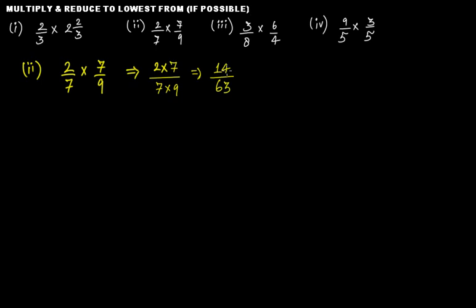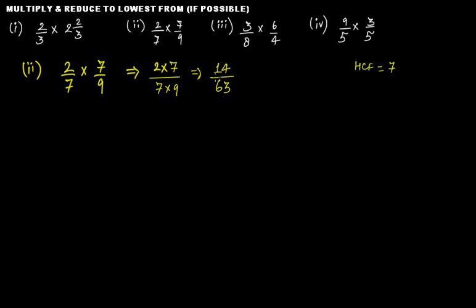Now, if you have to simplify the second part, or write this fraction in its lowest form or the simplest form, first find out the highest common factor of 14 and 63. The highest common factor of 14 and 63 will be 7.